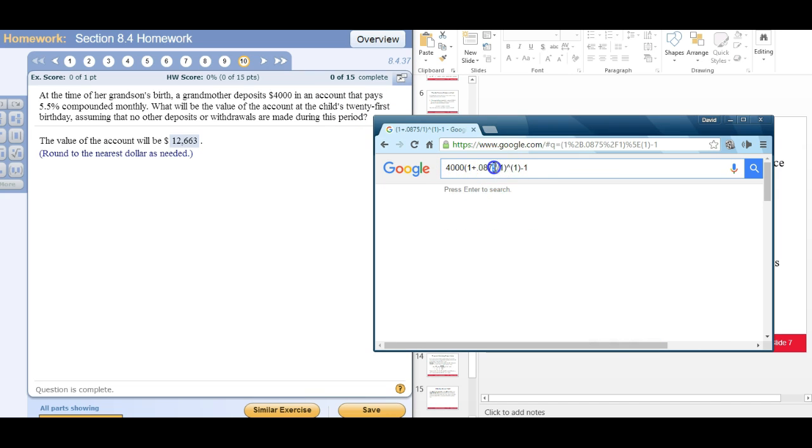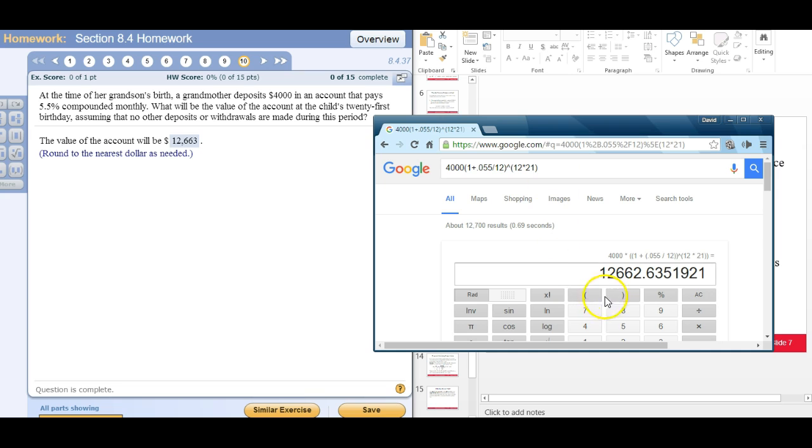The rate was 5.5%, compounded monthly, so 12. Alright, and then 12 times 21 years. And then we'll take away the minus 1. It's not yield anymore. So there's our 12,662.63. I want it rounded to the nearest dollar. So 62.6, we'll round up to 63.